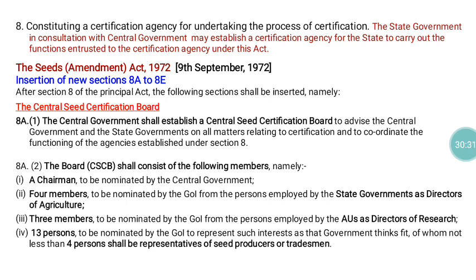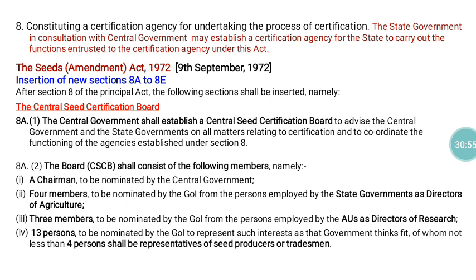The agencies created under Section 8 are the state seed certification agencies. For that purpose, the central government is empowered to establish a Central Seed Certification Board.